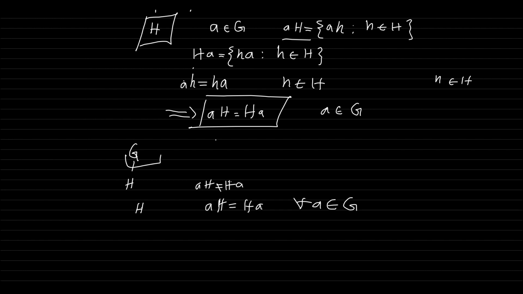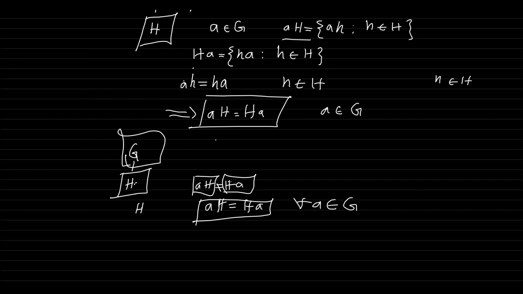Here G is a non-abelian group, and for a non-abelian group, these two sets need not be equal. And if there exists any subgroup H of G which satisfies this condition for all A in G, we call it a normal subgroup of G.